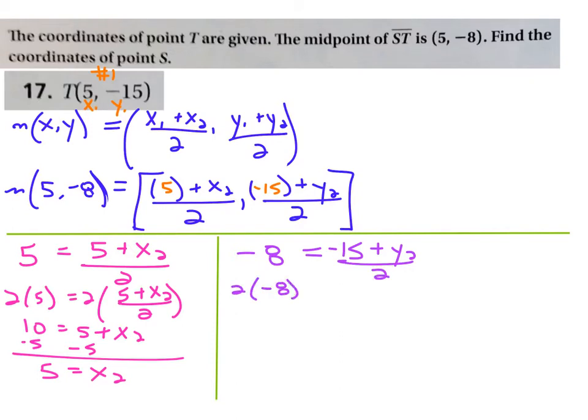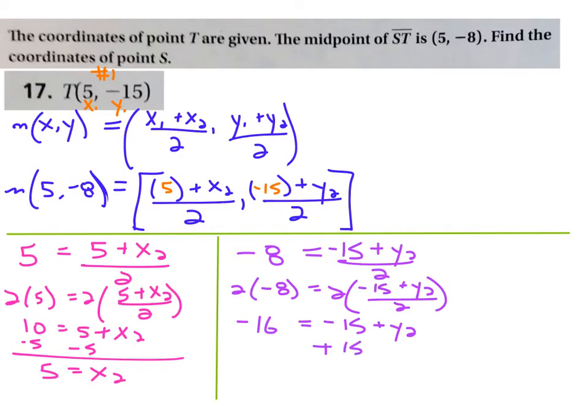We say 2 times the left side equals 2 times the entire right side. And when we simplify that, we get -16 is equal to, remember, the whole point of this is for this 2 to cancel out this 2, right? This is divided by 2, and the inverse operation is times 2, so those cancel out. And they leave you with -15 plus y2.